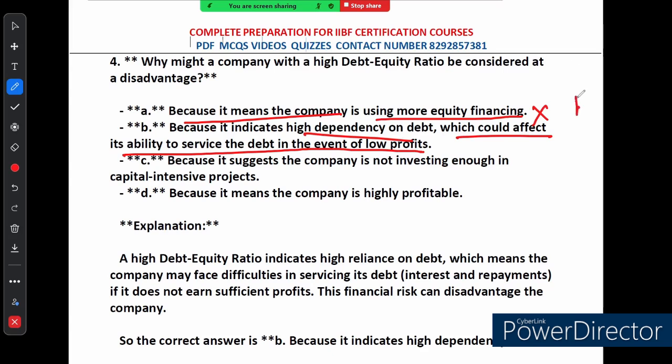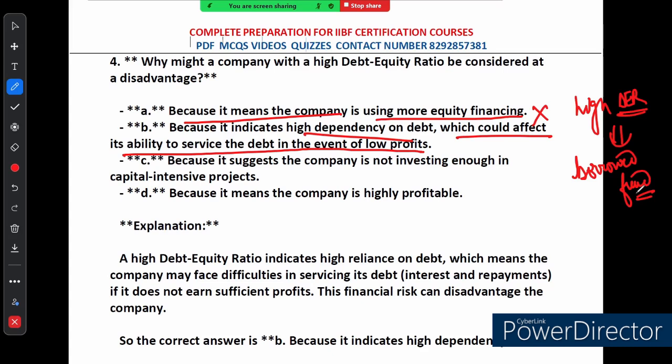When we talk about high DER, if we talk about high debt equity ratio, it indicates that the company relies heavily on borrowed funds. If the company's profit falls, it might struggle to make interest payments and repay the principal, putting it in a risky financial position. Right.